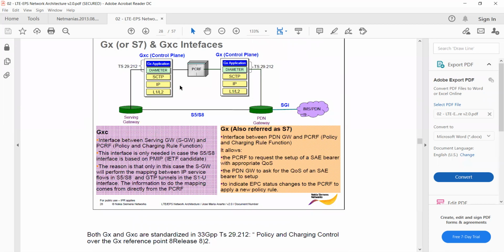You don't need to write serving gateway. Some operators have the P gateway and S gateway combined, so no need to write the serving gateway. Just write P gateway.